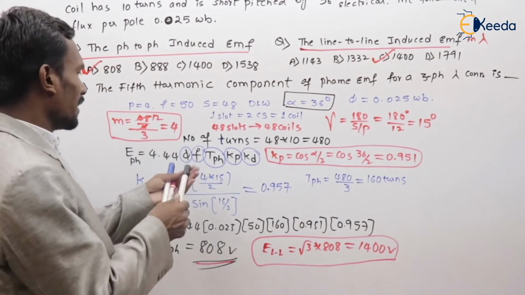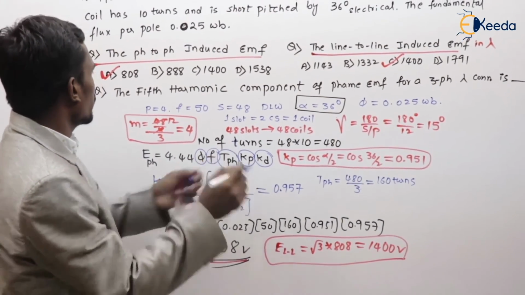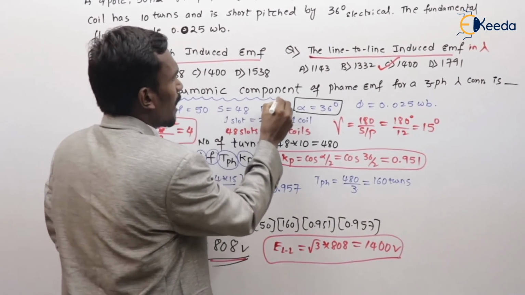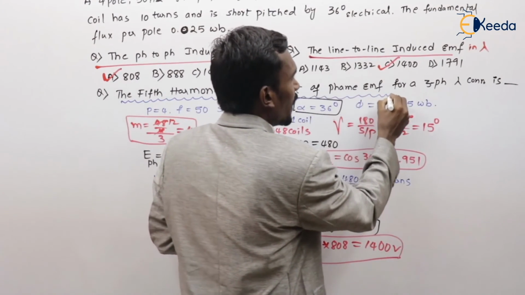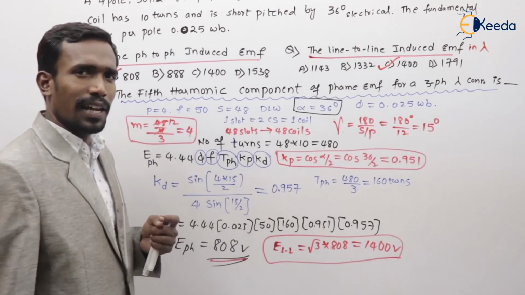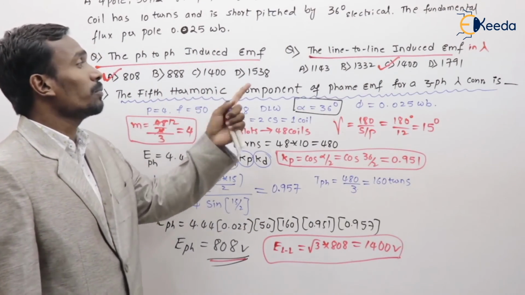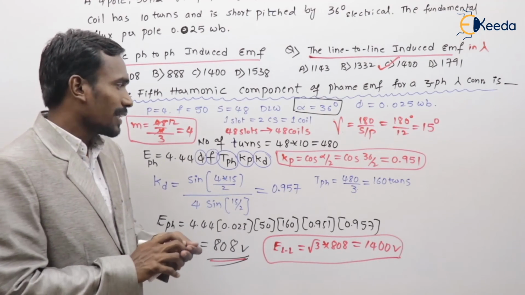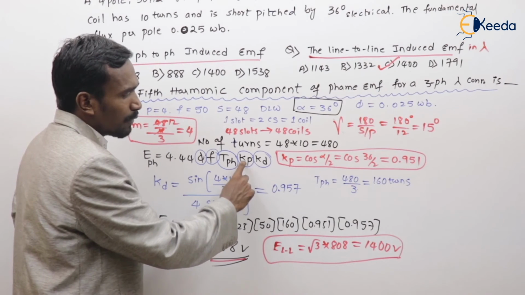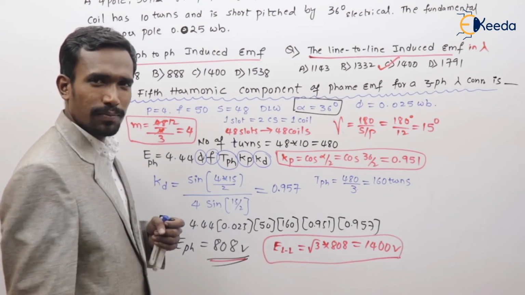But another question is also there: the fifth harmonic component of phase EMF for the three-phase star-connected alternator. Here we have to place E5 and Kd5.